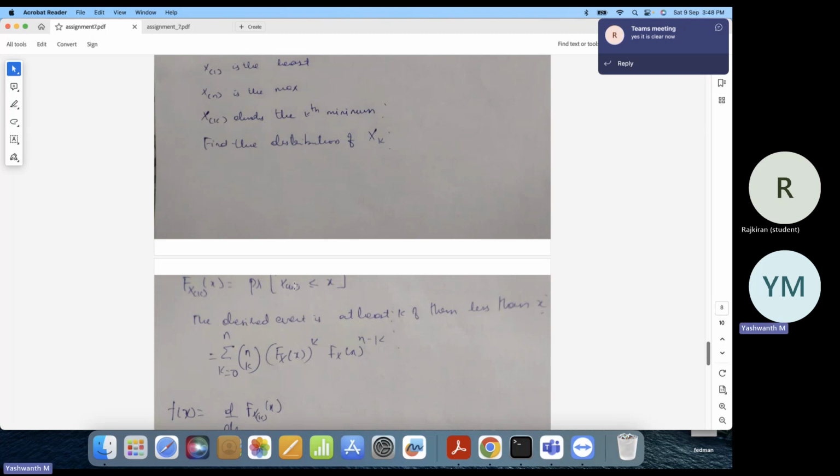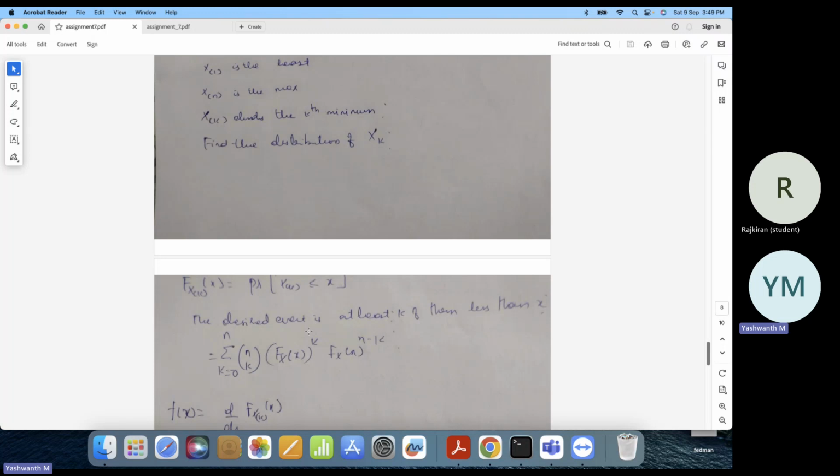Okay. So because these are all independent and identically distributed, it's like a binomial thing, right? The desired event is at least k of them satisfying this condition: Xk less than x, k of the n random variables less than x.